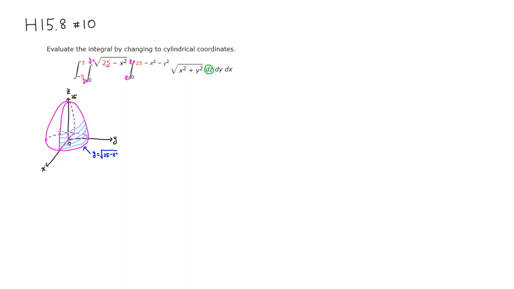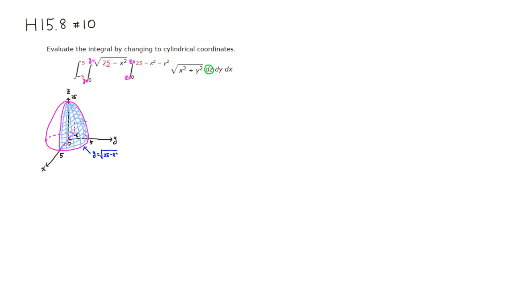And of course, you go all the way around there too. So this is the solid we're talking about. Here the radius is 5, and 5 there, and over there is -5.